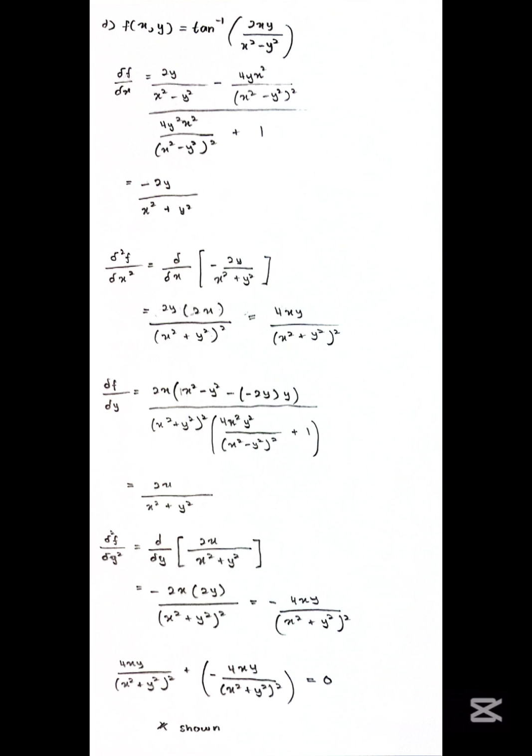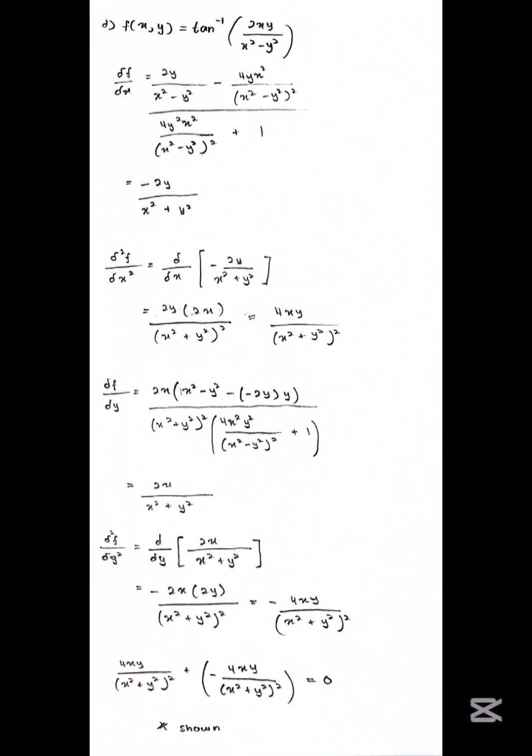Same goes for the function differentiated with respect to y: we get 2x over x square plus y square, and differentiating it twice we get negative 4xy over (x square plus y square) whole square. Then we add del square f over del x square with del square f over del y square to check whether it satisfies the Laplace equation, and we get 0.